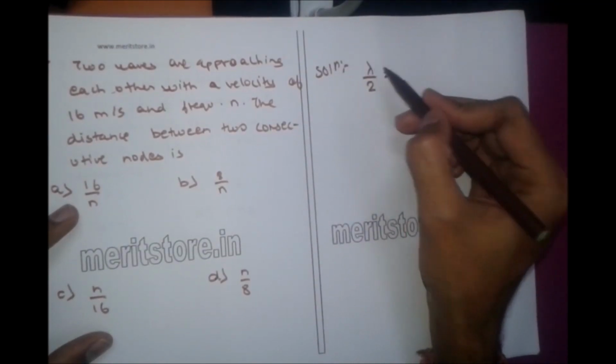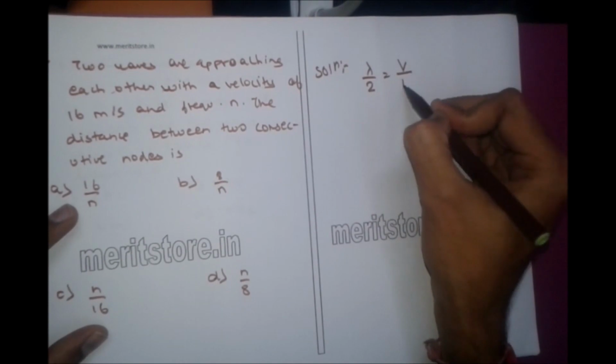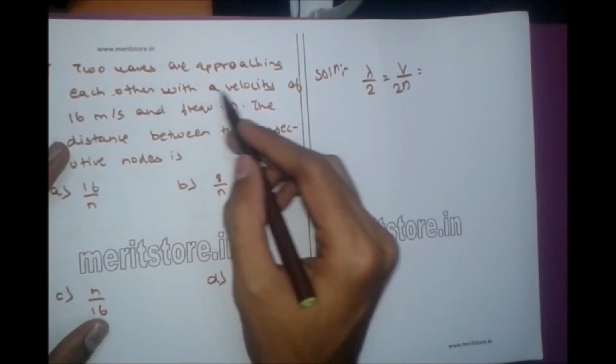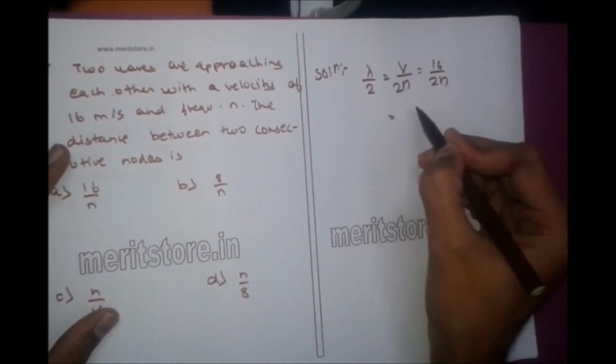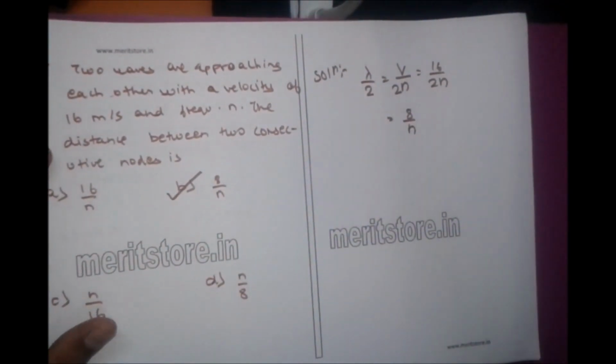We can write λ in terms of velocity and frequency, v upon n, so that is v upon 2n. The velocity is 16 meters per second, so 16 upon 2n becomes 8 upon n. So your value is B, which is 8 upon n.